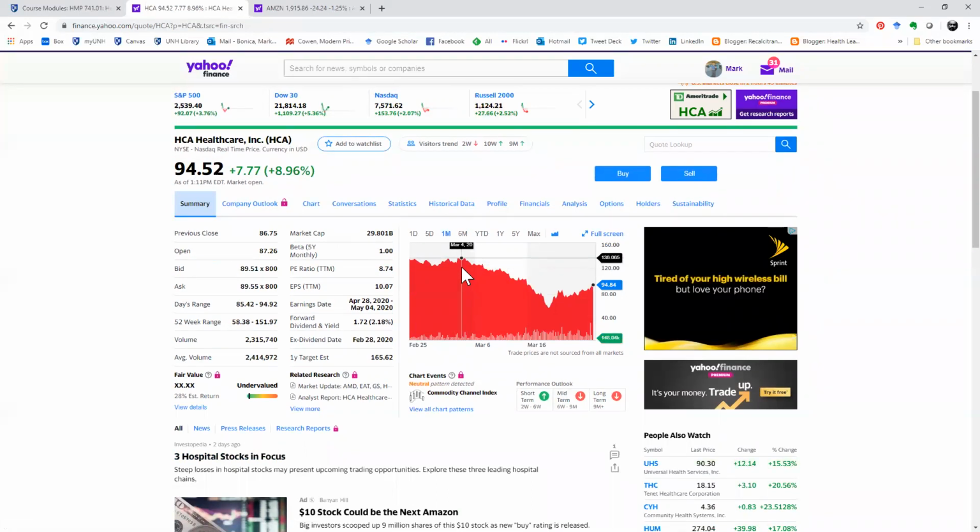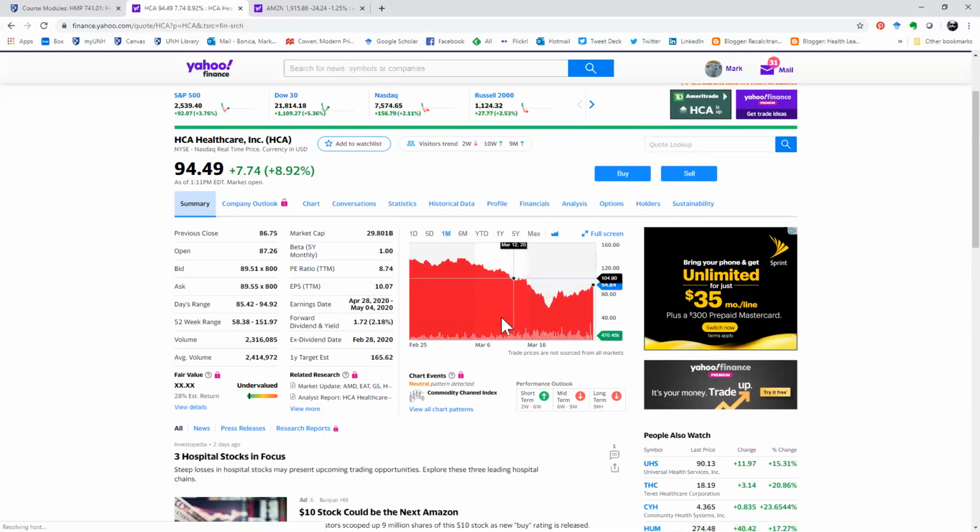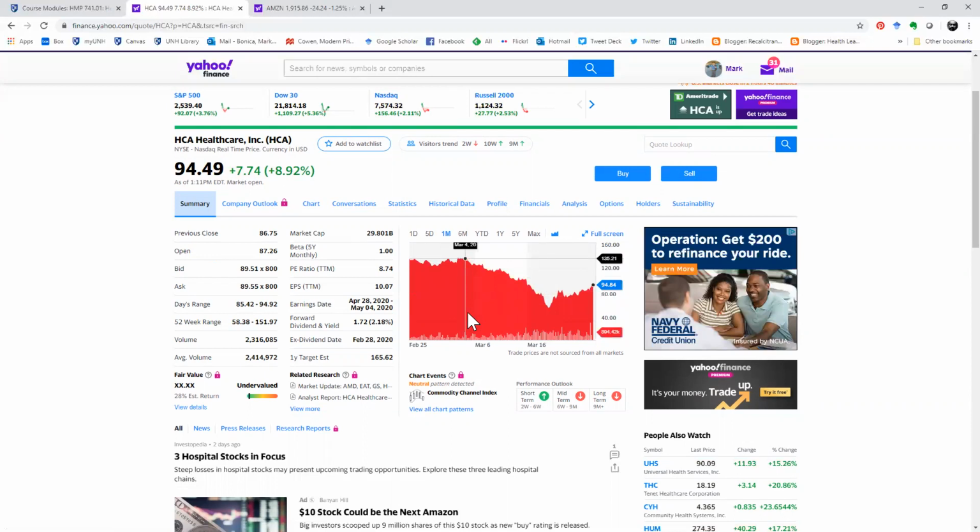As you can see, it was 136 on March 4th. As of March 18th, last week, it had fallen to 60 and now it's all the way back up to 94. So that's how the market works, right? If you're going to be a stock investor, you've got to be able to ride that kind of fall down, when it lost more than 50% of its value in the course of about 12 days.